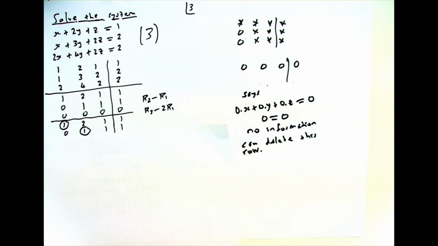So the first row, there's nothing before it, so it means nothing. The second row starts with 1 0, and the row before didn't start with any zeros. So this is now in row echelon form. So our system is in row echelon form.